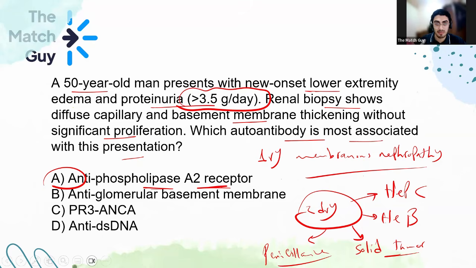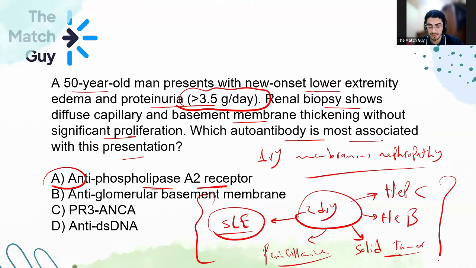Penicillamine is a medication that can be given in Wilson disease. Okay. So this is very important. Also, SLE, like SLE can cause either nephrotic or nephritic. If it causes nephrotic, it is due to membranous nephropathy. Nice. So be familiar with these examples, guys. These are super important examples that were mentioned in the questions in different QBanks before.